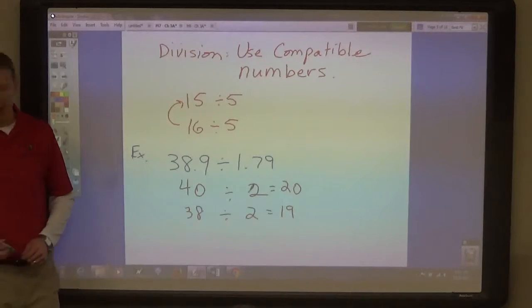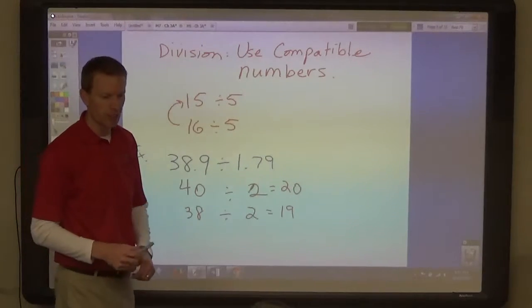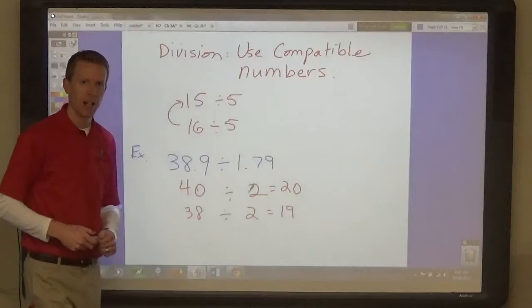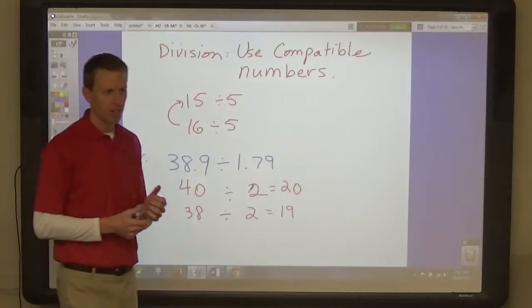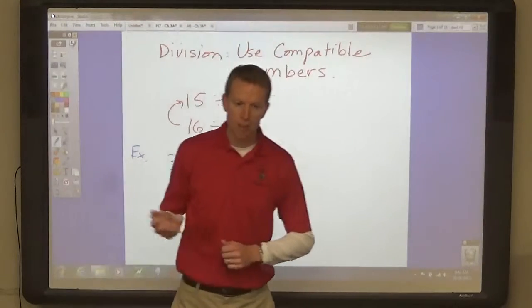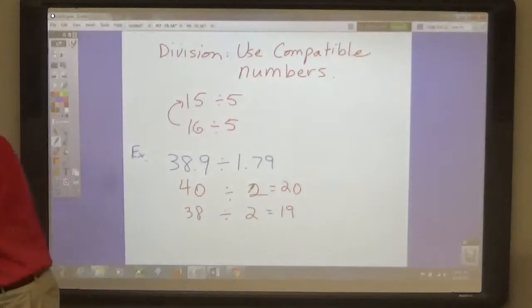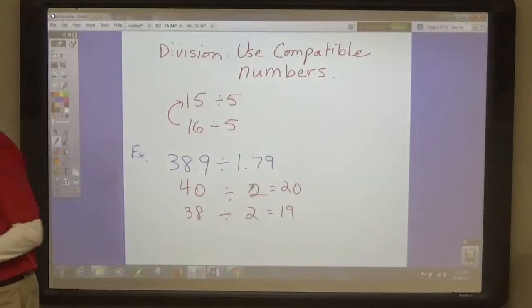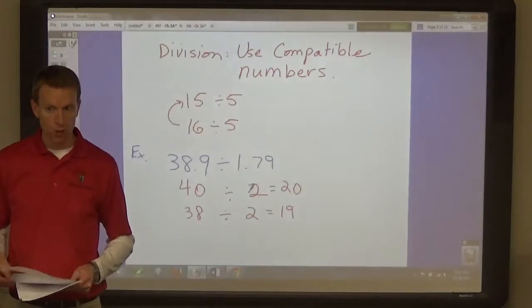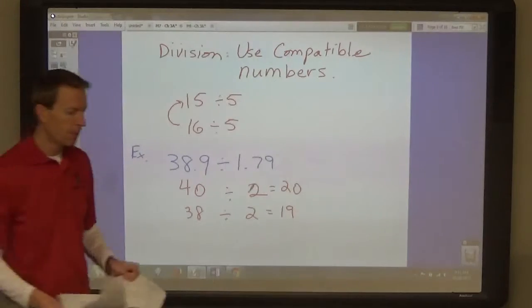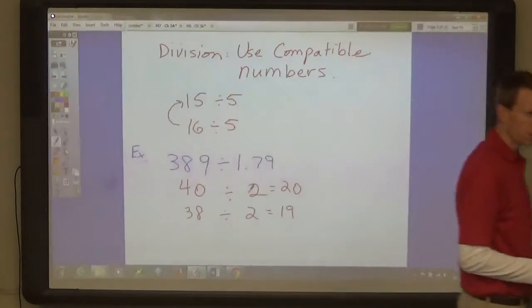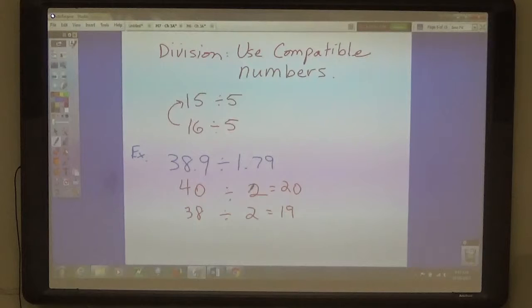Now, one of the things that you'll have to do with this lesson is check to see if an answer is reasonable. Okay? And so using multiplication or division, you'll have to see if the estimate is reasonable, if it's close. And most of the time, if the decimal point is in the right place, then it's reasonable.